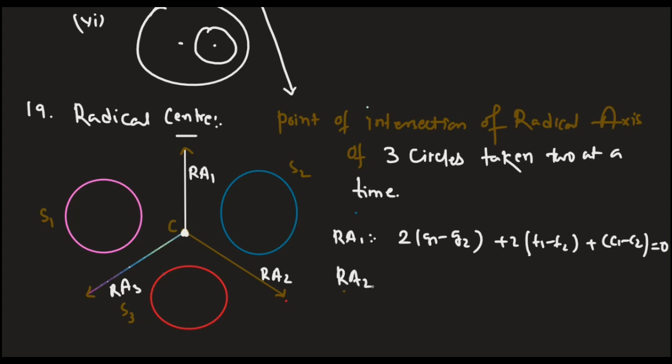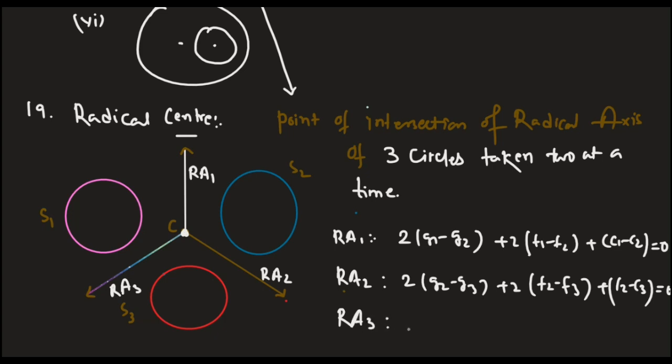Now radical axis 2 involves S2 and S3: 2 times (G2 minus G3) x plus 2 times (F2 minus F3) y plus (C2 minus C3) equals 0. Now for RA3 we have S3 and S1: 2 times (G3 minus G1) x plus 2 times (F3 minus F1) y plus (C3 minus C1).